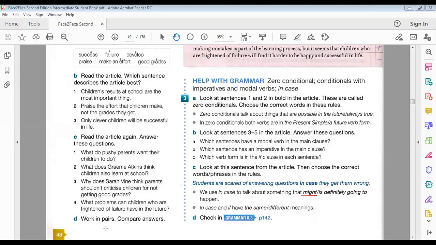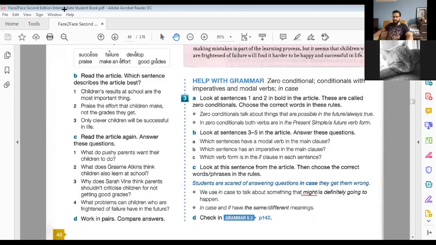Try switching if with in case. Okay. And does it switch automatically? Does it give the same meaning, or is it slightly different? In case parents want their children to be happy, they shouldn't put too much pressure on them. I think the same meaning.